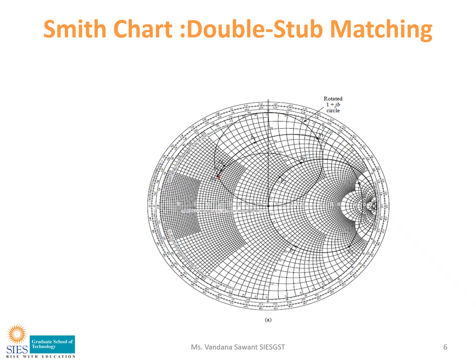This is your R equal to 3 circle, and YL is lying on this circle. So we need to move backward and forward on this R equal to 3 horizontal circle on which your YL point is lying. When we move in the forward direction, this circle will intersect with your rotated 1 plus jB circle, and this point of intersection is called the Y1 point.